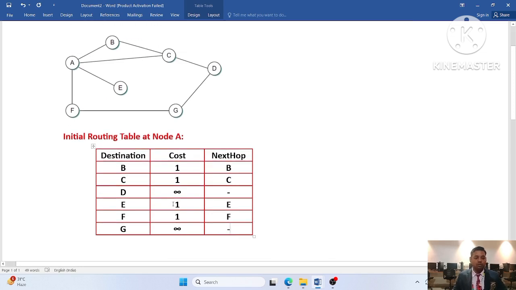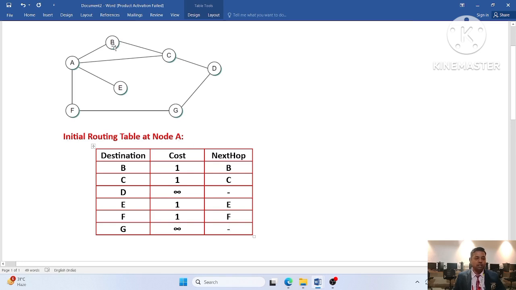So now this is the first step. Each router will construct this kind of routing table, all the routers. At node B also, an initial routing table will be constructed.